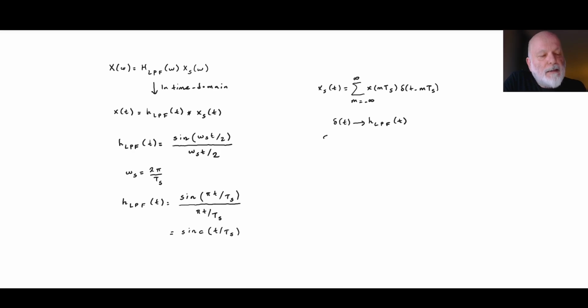And by using the time invariance of the system, the ideal low-pass filter is linear and time invariant, delta of t minus m Ts will give us the output h LPF of t minus m Ts.